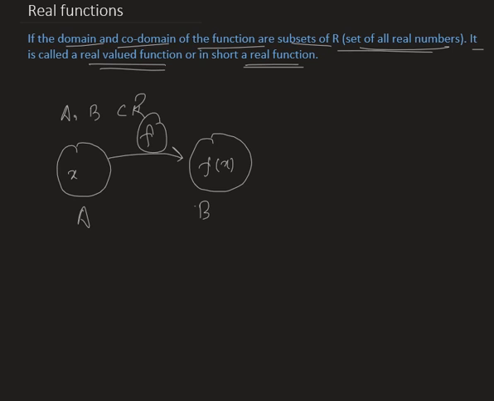Sometimes we also say that f takes value f(x) at x, and it can be imagined that f(x) is the image of x under f, or the value of f at x.